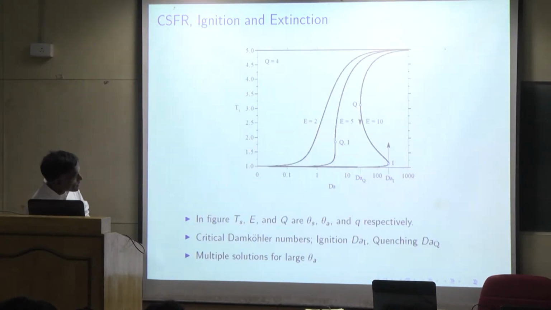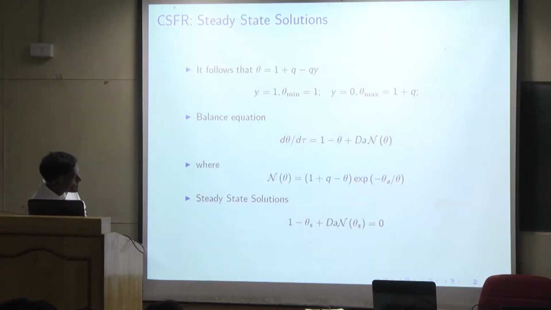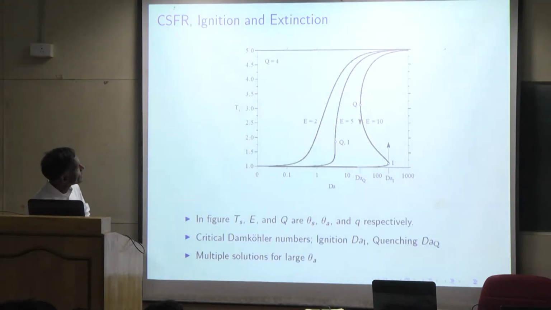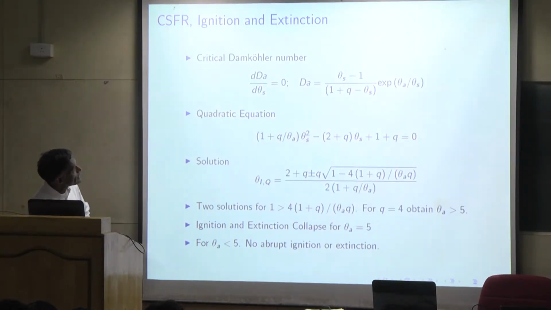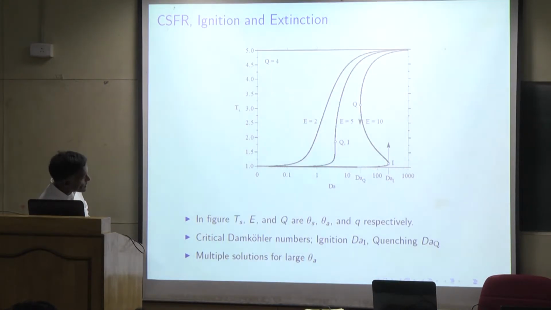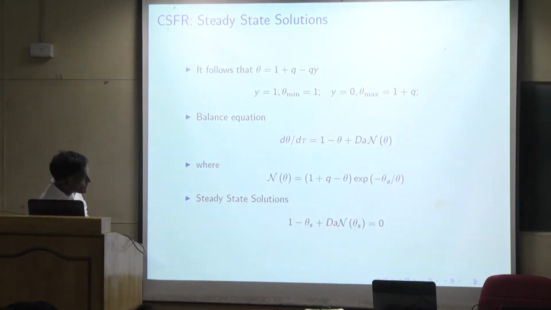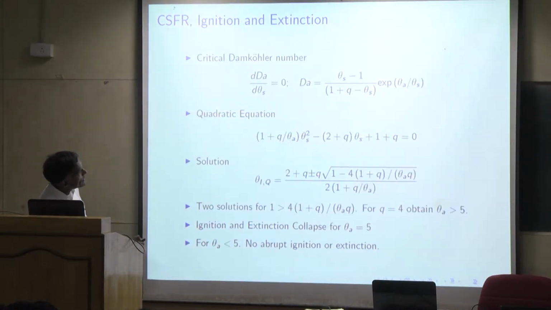So now you can take this equation and differentiate it. I've rewritten the equation in terms of the Damköhler number, and I'm going to take the derivative d(Da)/d(theta s) and set it equal to 0.